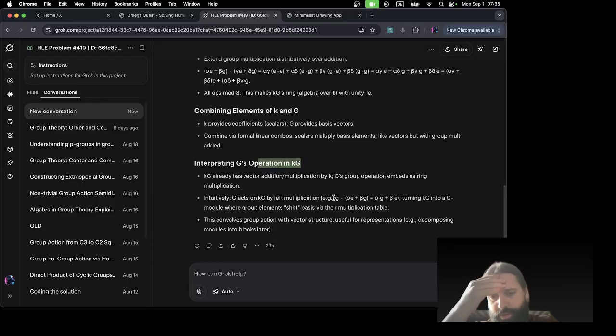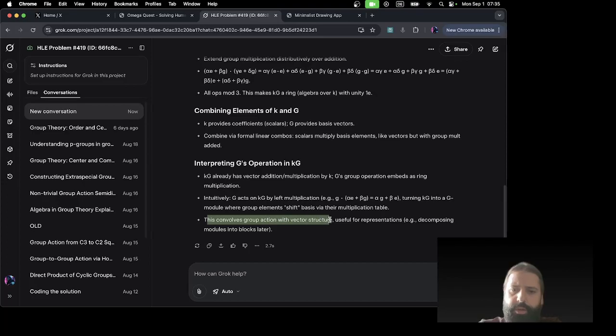It's not stretching, it's not extension, it's not composition, I was saying, but it's also not composition really. No, that's not what it is. Anyway, this convolves the group's action with vector structure. Useful for representations, decomposing modules into blocks later.